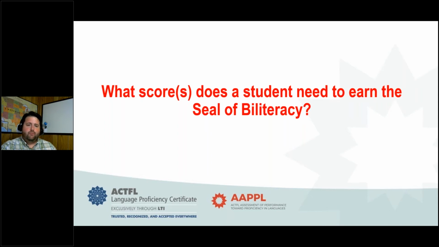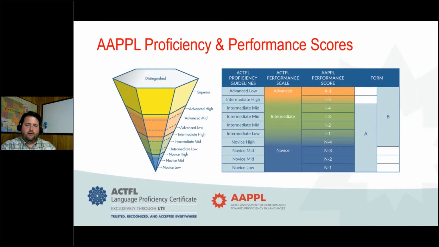And on the AAPPL, I2 is the lowest score that's considered intermediate mid. The AAPPL is broken down into the intermediate levels I1, I2, I3, I4, and I5. And I2 through I4 is considered intermediate mid, as you can see on this graphic.